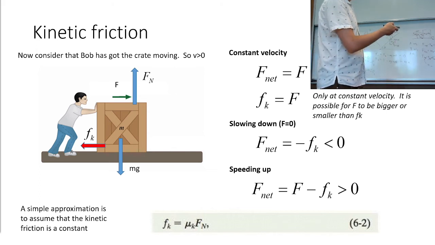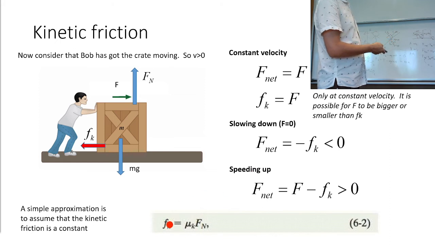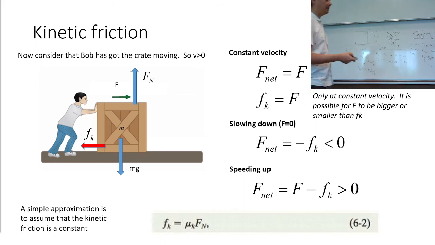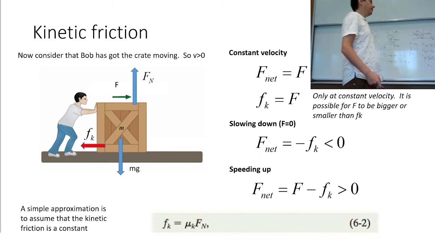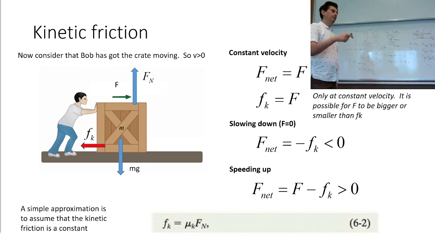Again, Fk is given by a formula that looks almost like the static friction one, except that the coefficient here is different. It's the coefficient of kinetic friction, and the fact that kinetic friction is a bit less than static friction manifests itself in that this mu k is usually a bit smaller than mu s. Right?